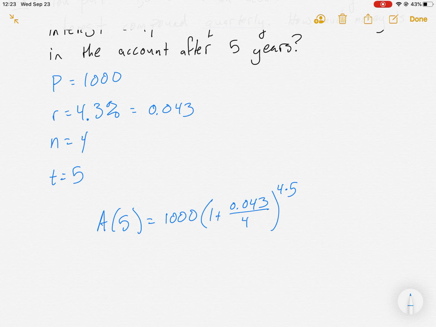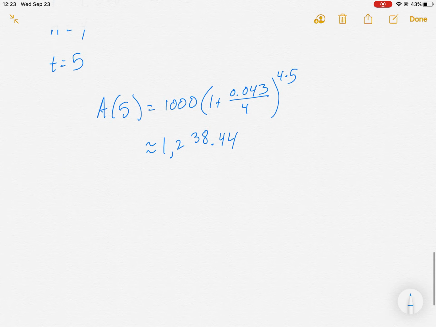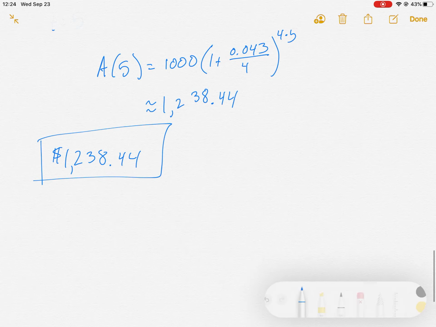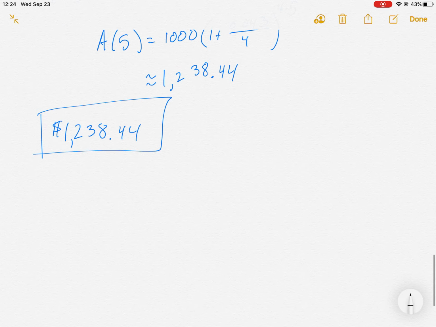Okay, and so I end up with 1,238 and 44. So that means you would have $1,238.44.